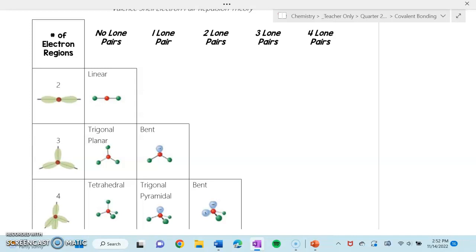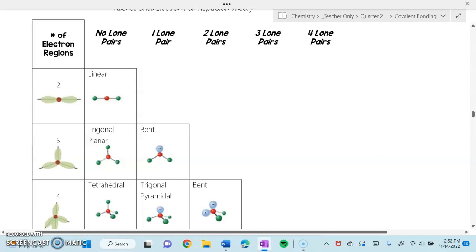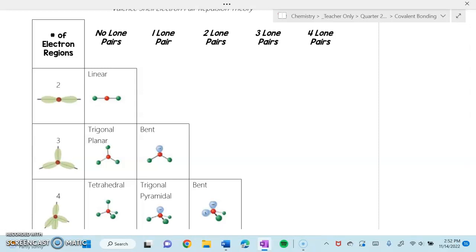When we have two electron regions, really the only option here is that they're both shared pairs, so we would say that this is two bonding regions. I'm going to put 2 with a B just to show we have 2 bonding regions around our red, and we have 0 non-bonding regions.